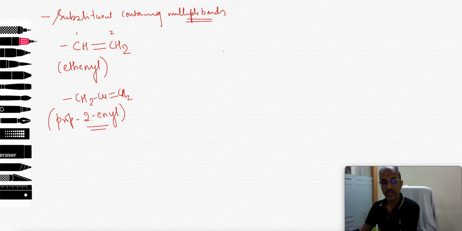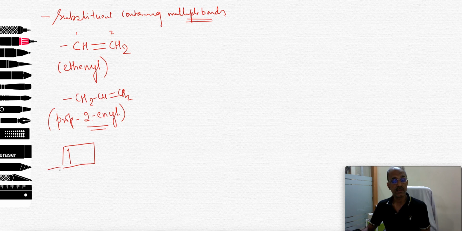Fine. Similarly, there will be cyclobutyl. So it will be cyclobut-1-enyl.